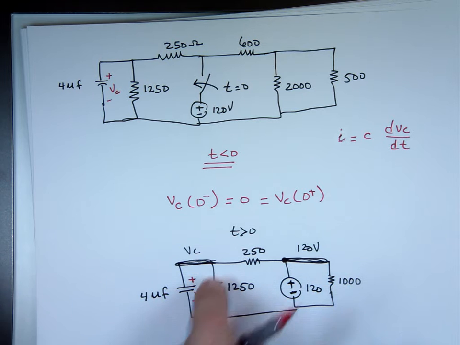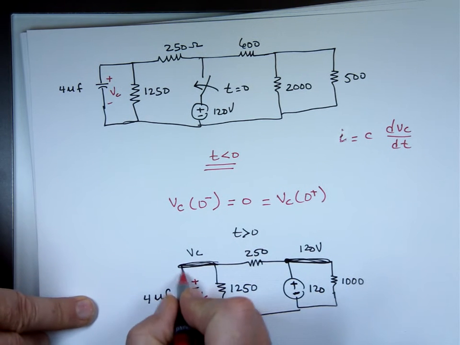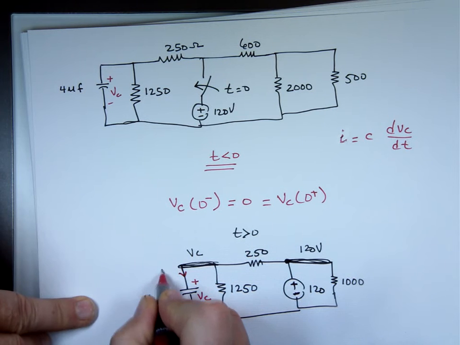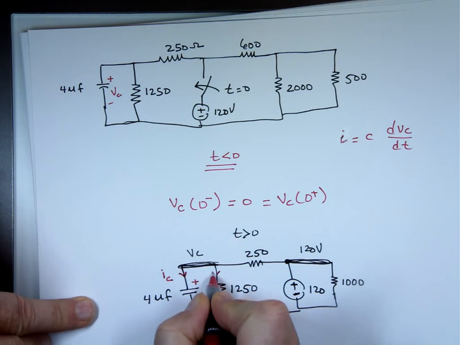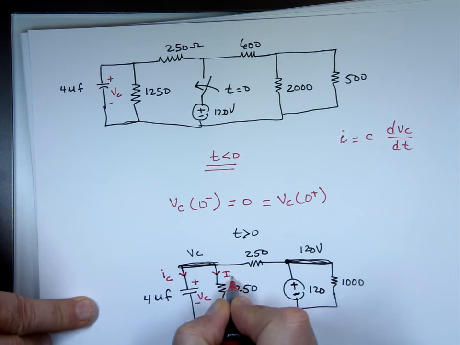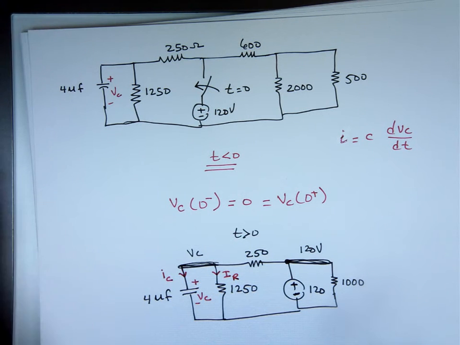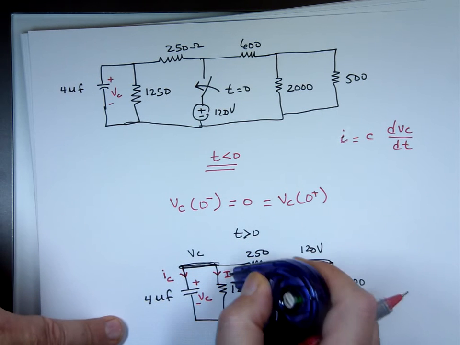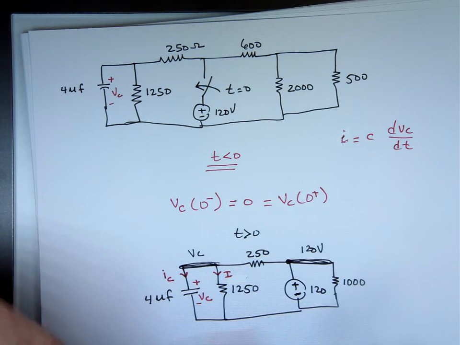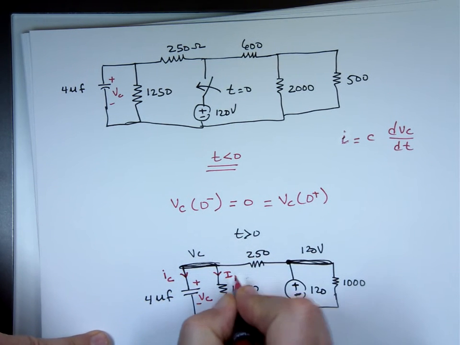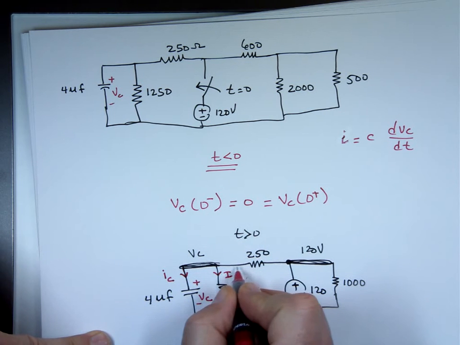Let's look at this node and let's assign current. Let's say there's a current this we'll call IC. There's a current down this we'll call R1. We'll go I1 instead of IR1. That'll be too much. We'll go I1. And we want this current going in or out. Doesn't really matter.